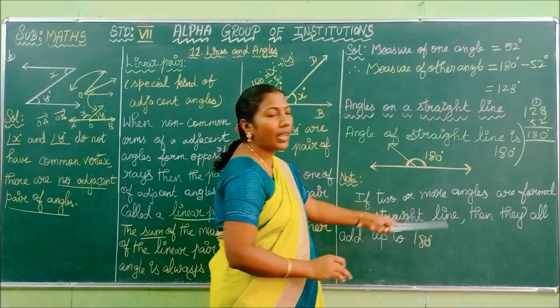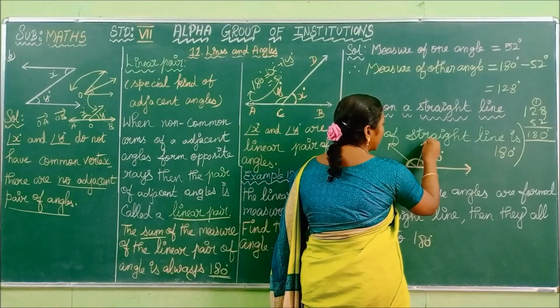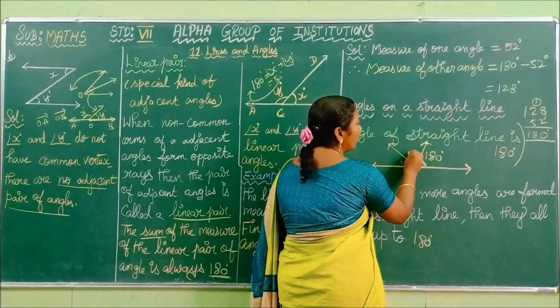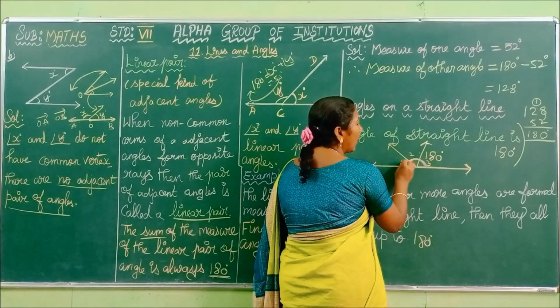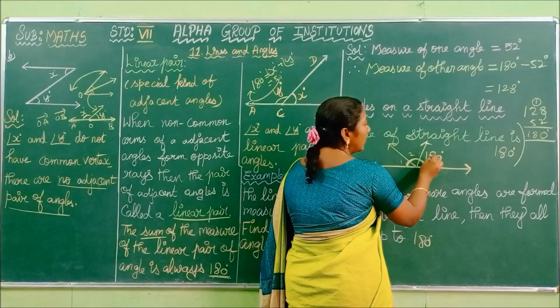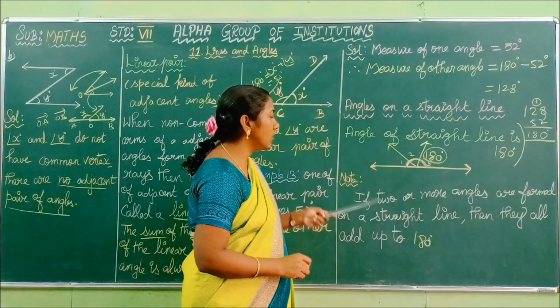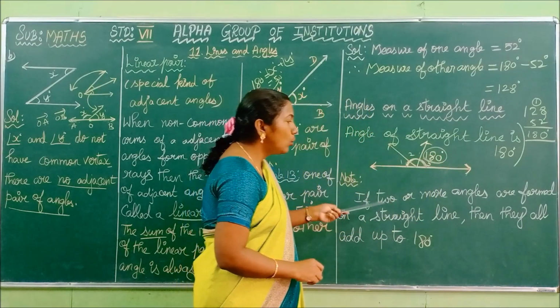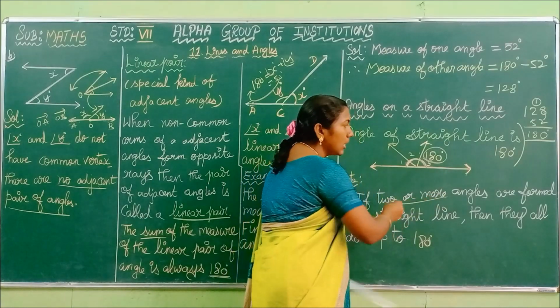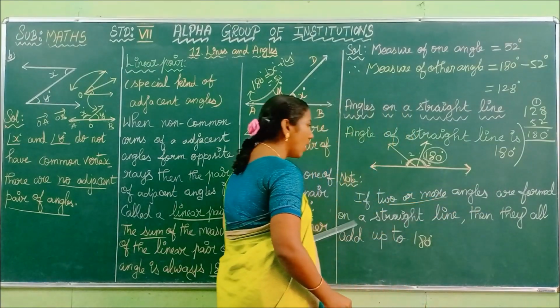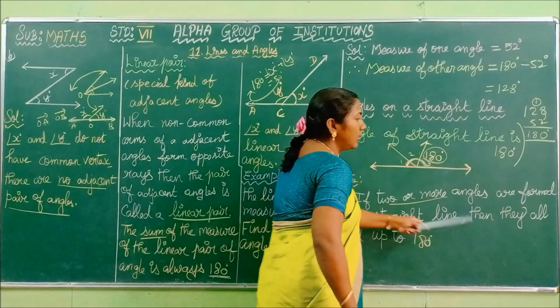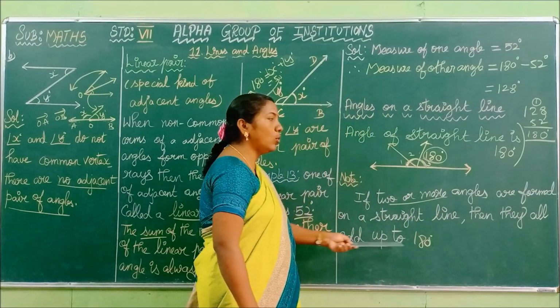Suppose two or more angles. If you draw like this, now we can get three angles, 1, 2, 3. If you add angle 1, angle 2, angle 3, in that case also you get the answer 180 degrees. That's what they are saying in the note: if two or more angles are formed on a straight line, then they all add up to 180 degrees.